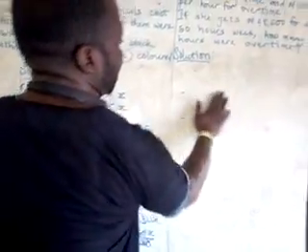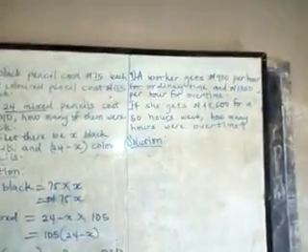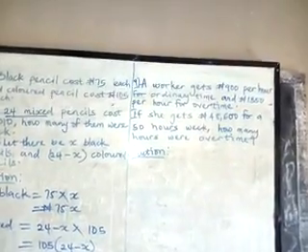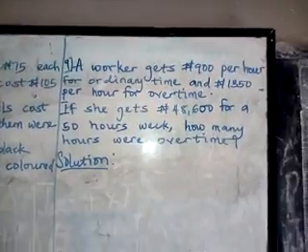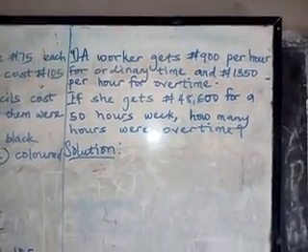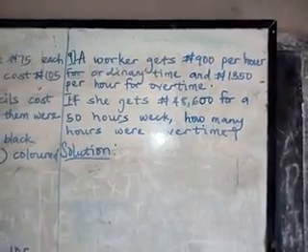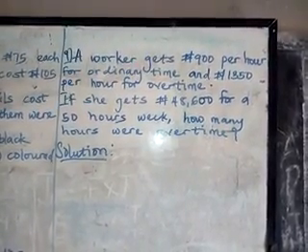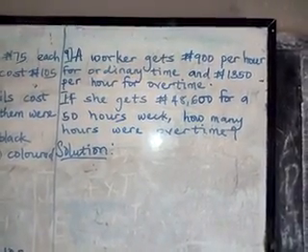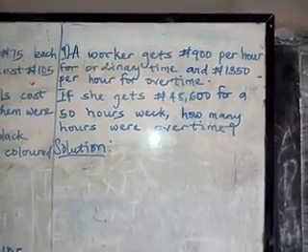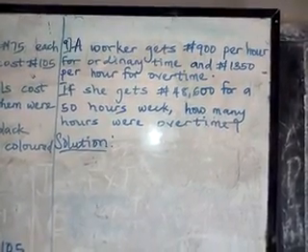Then the next is question 9. A worker gets 900 naira per hour for ordinary time and 1,350 naira per hour for overtime. If she gets 48,600 for a 50 hours week, how many hours were overtime?